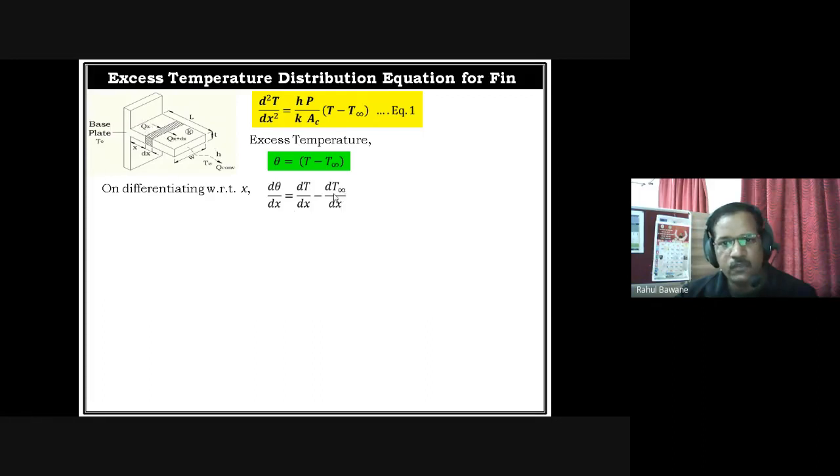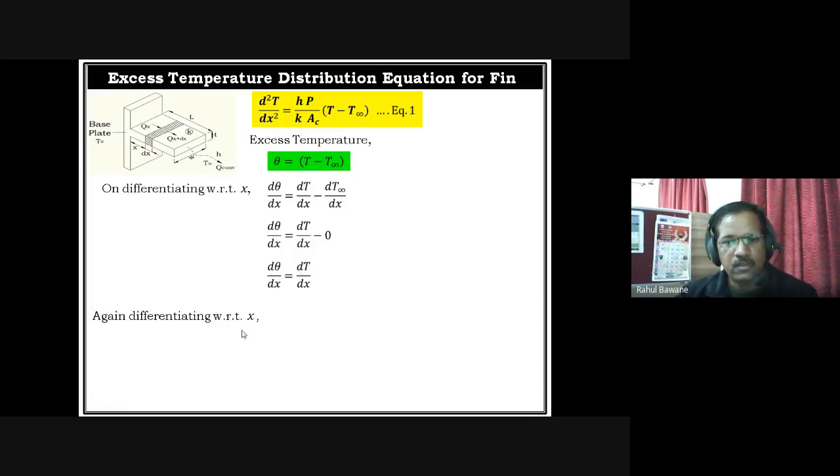So the surrounding fluid temperature T infinity remains constant with respect to dx. So we get d theta by dx equals dT by dx, because this is a constant, so it becomes 0.